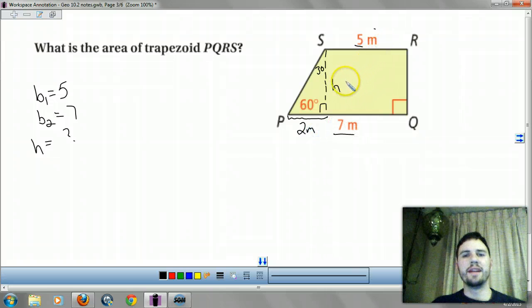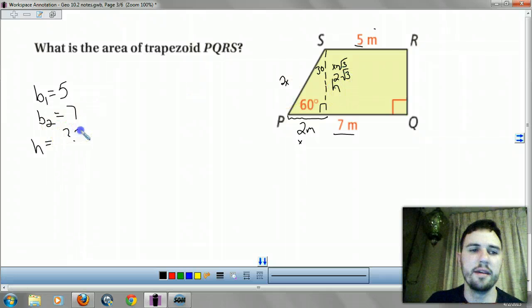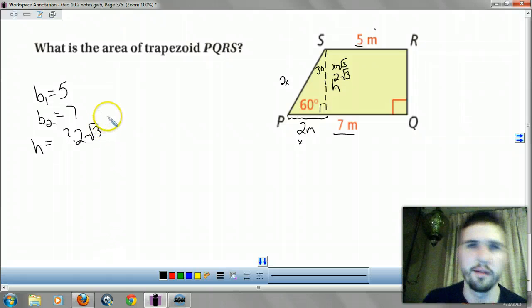Now do you guys remember in a 30, 60, 90, this side's x, this side was 2x, and this side was x root 3? So since 2 is my shortest side, this side's going to be 2 root 3. So my height is 2 times square root 3. You could also use trig if you want to.